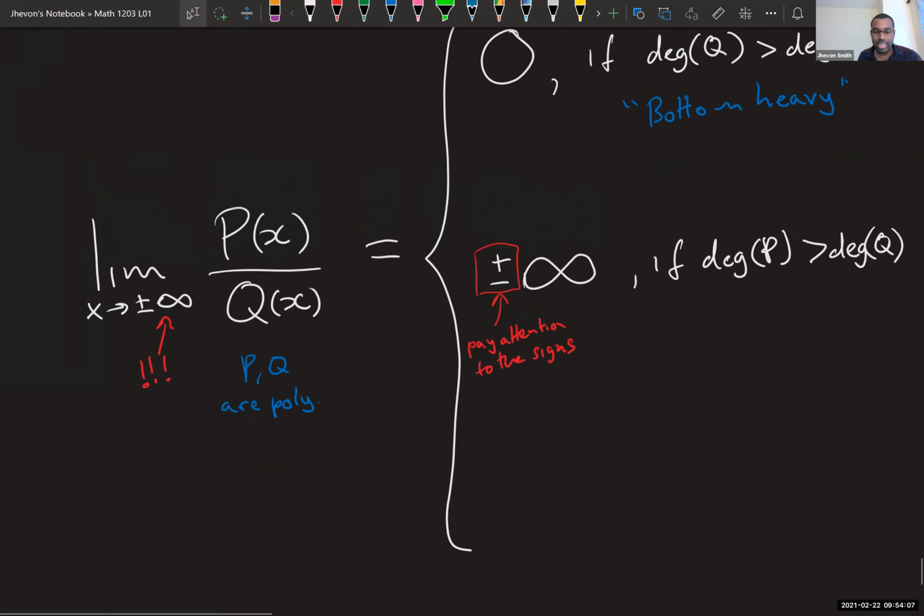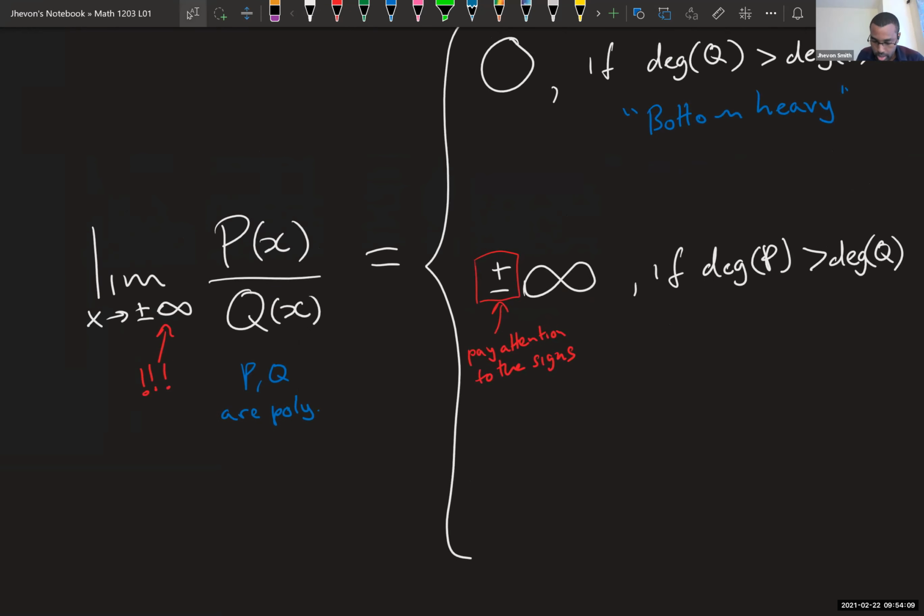It turns out that the last scenario that you would end up with is it's going to be the leading coefficient, and now we know what that is, of p divided by the leading coefficient of q.